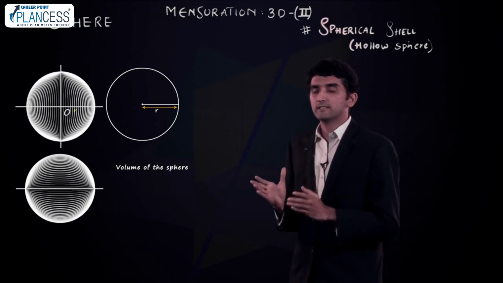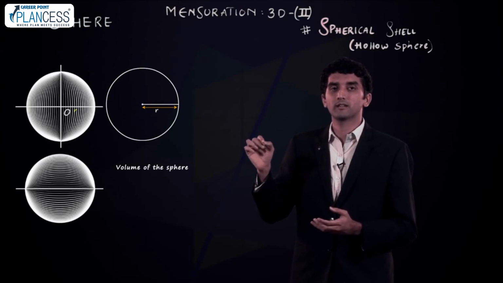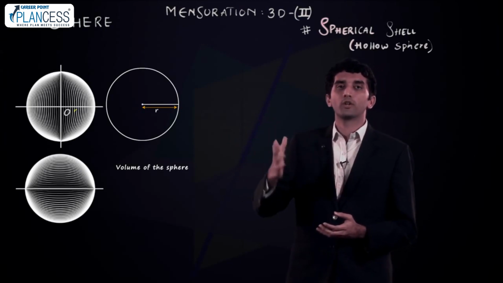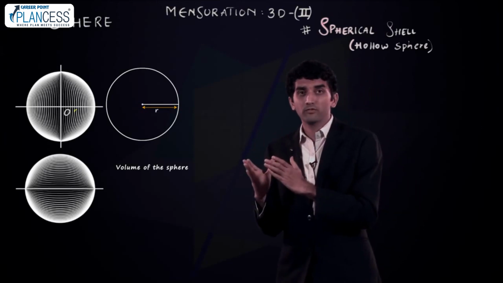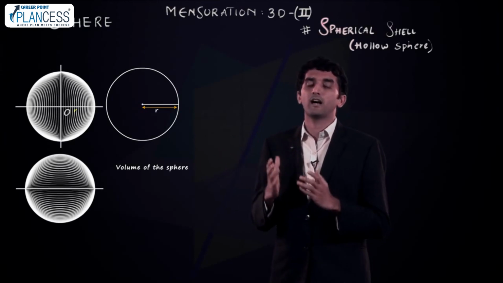Because radius is nothing but the length from the center of the sphere or the center of the circle to any point on the sphere. So the length of the segment that connects the center of the sphere to any point on the sphere is nothing but the radius r.